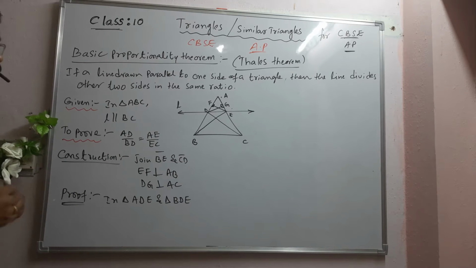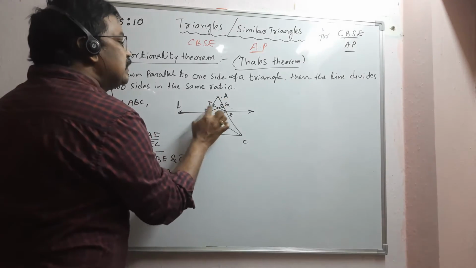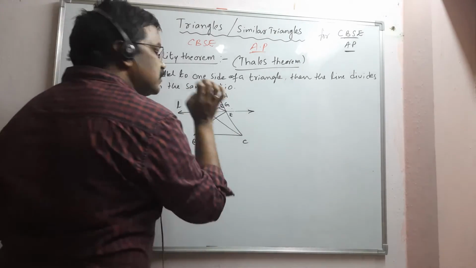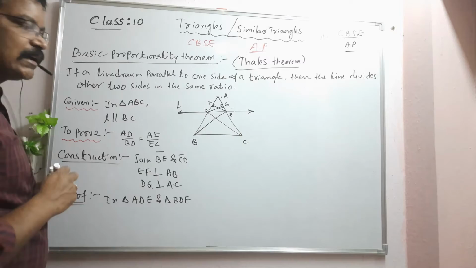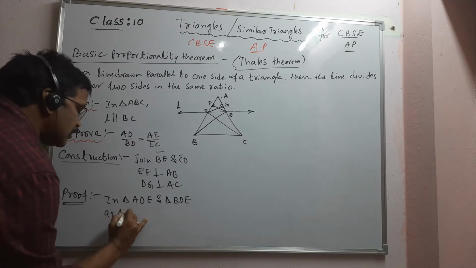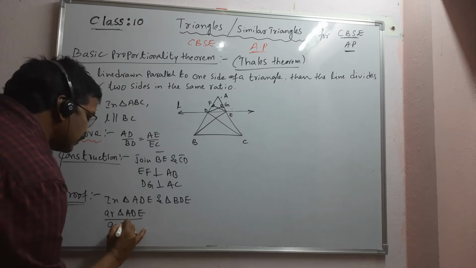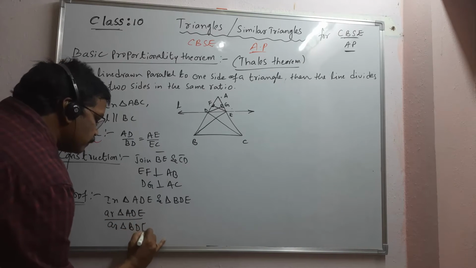In these two triangles, we will find the ratio of their areas. Area of triangle ADE by area of triangle BDE.